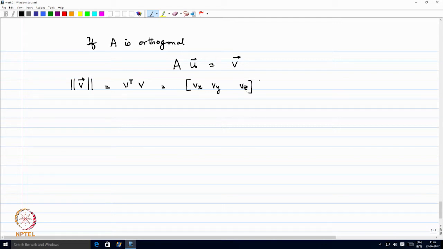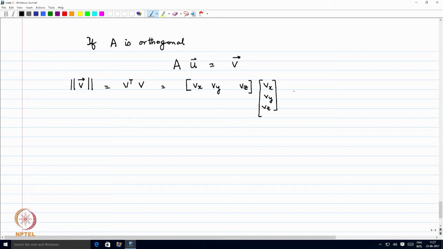So this is a transpose of a matrix that is not square. I can define the transpose even for a matrix that is not square. So I had a 3 cross 1 vector, its transpose will be a 1 cross 3 row vector.